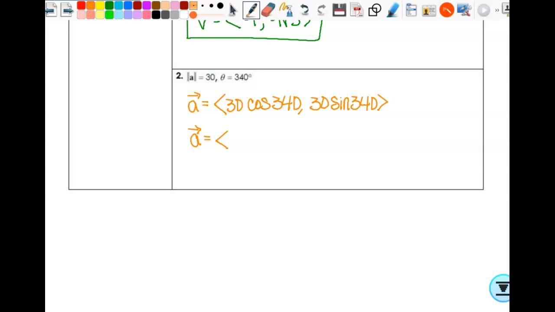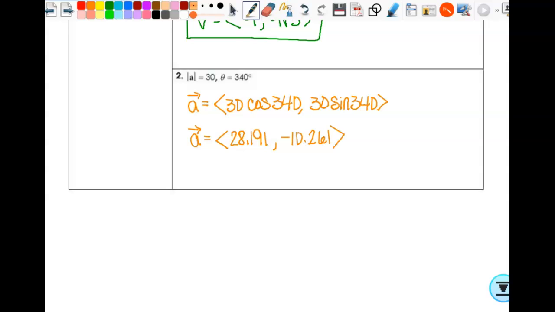Go ahead and type those in. So you should get 28.191 for the x component. Do we agree with that? And then you get negative 10.261 for the y component.